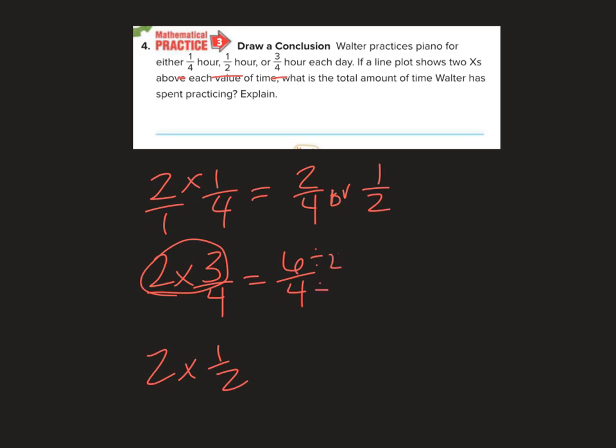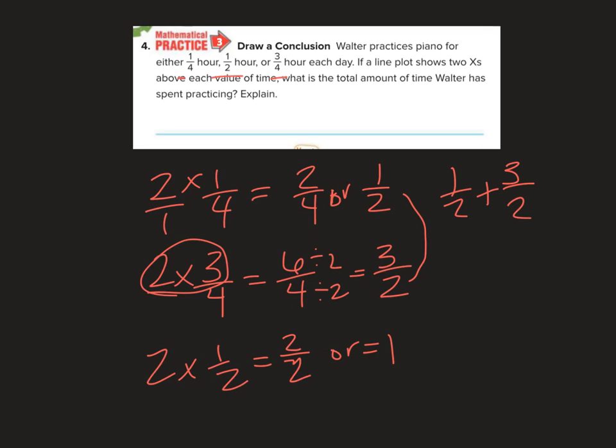Divide by 2, and get 3/2. And 2 times 1/2 is going to equal 2/2, or 1. So here, let's add these two together. 1/2 plus 3/2. When I add that together, I get 4/2.